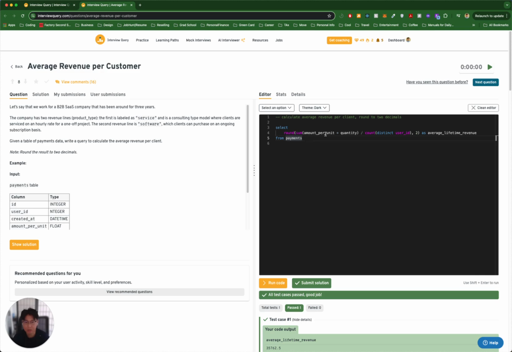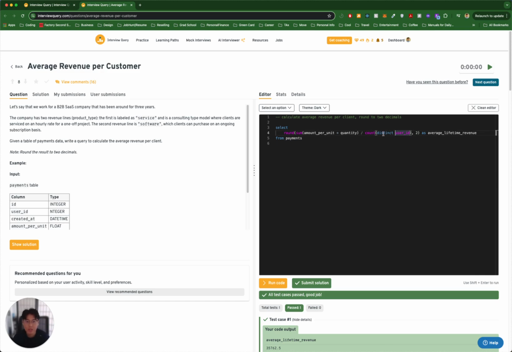So let's start with the numerator. This metric has a numerator and denominator, as you can see. The numerator is the amount per unit times the quantity, and then the denominator is a count distinct on the user IDs.